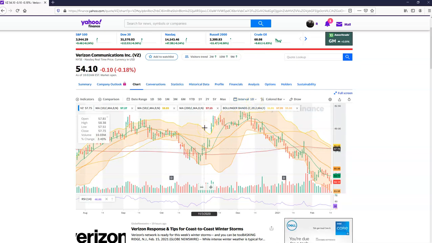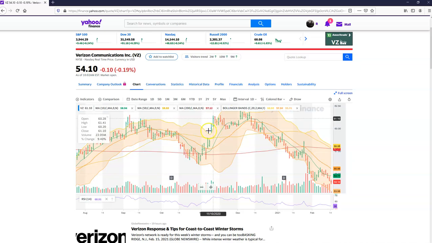The price at which it opened for the day is that little tick that you see, and the price at which it closed for the day is the other one. This movement you see, whether it's green or red, has to do with whether it went up or down for the day compared to where it opened the next day.